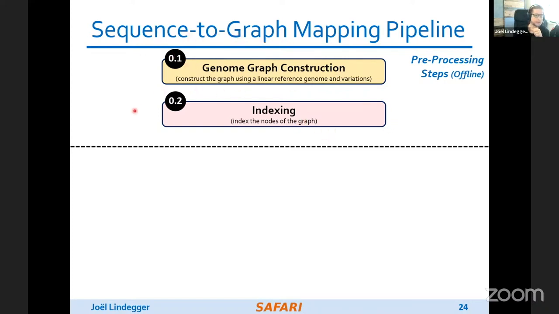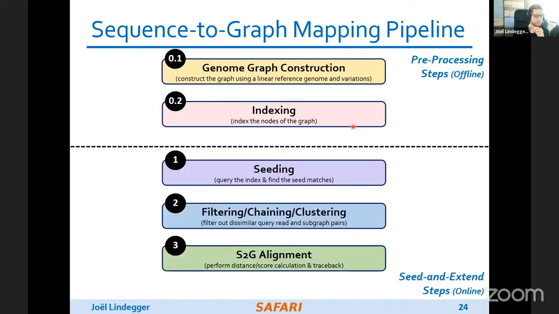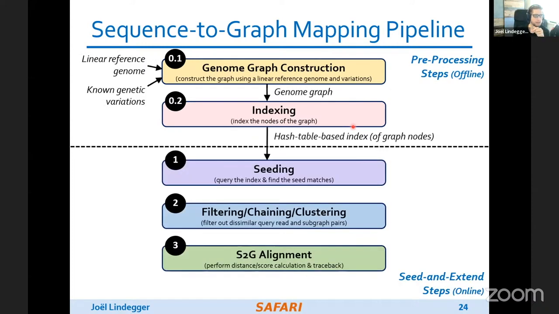As in sequence-to-sequence mapping, you have this indexing step, which is also considered a pre-processing step and not part of the critical path. Now, what's part of the online step, so the critical path, is seeding, filtering, chaining, clustering, and sequence-to-graph alignment.